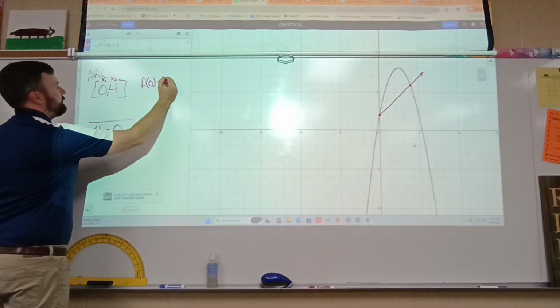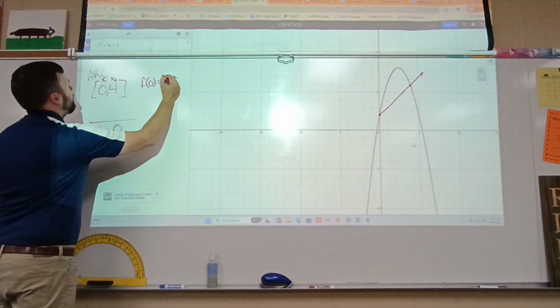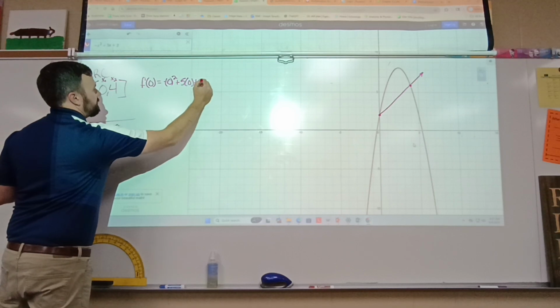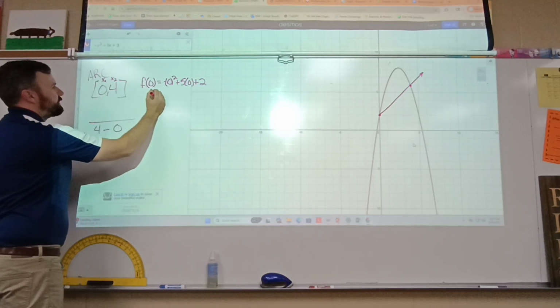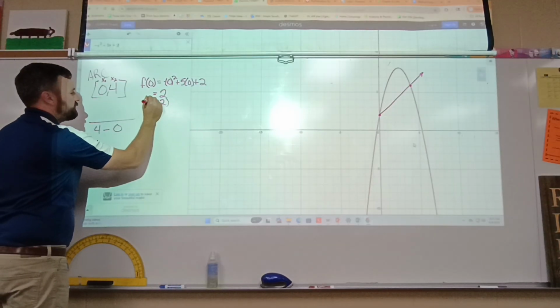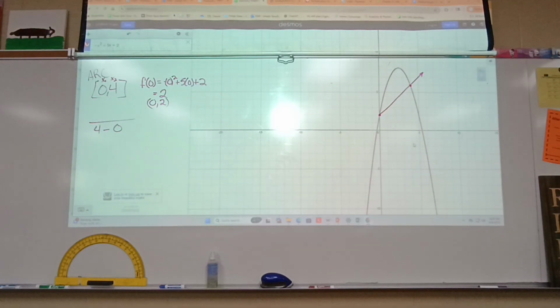I plug in my x. So f of 0 is 2, right? So that tells me the point (0, 2) is on the graph. When I plugged in 0, I got 2, right? Because if I gave you guys 2 points, y'all can find slope.